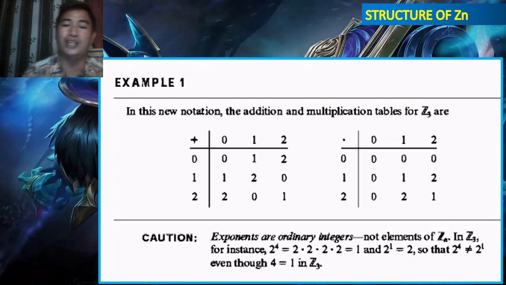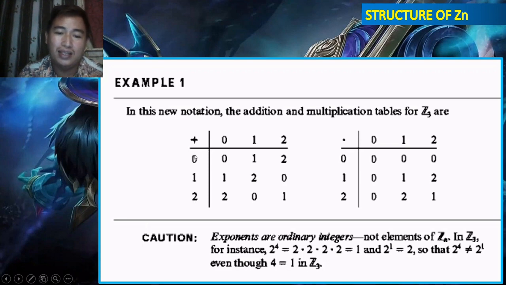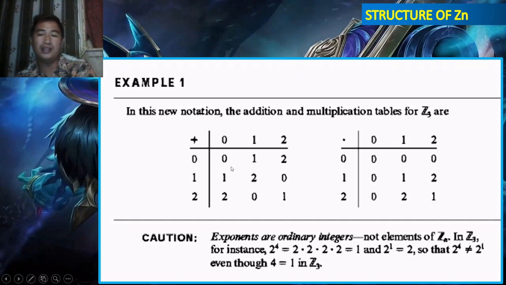So, in this new notation, the addition and multiplication in Z3. Okay, madali sa Z3 class. Kita na class sa Z3. 0 og 0. Di ba? So, pag plus class na, start at 0, and then 1, 2, 0, 1, 2. And then 0, and then diagonal lang, 1, 1, 2, 2, 2. So, next ni 2, last naman si 2, back to 0, so 0, 0, then 1. Okay. Wala na class sa Z3 class.